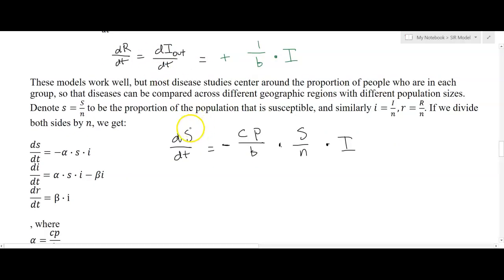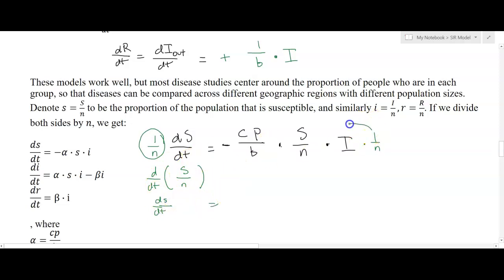If I multiply both sides by 1 over N, then because N is a constant, I can write this as d/dt of S divided by little n. If you scale a function down, it doesn't affect its derivative function, it just gets scaled by little n. And because of that, this is really the derivative of little s.